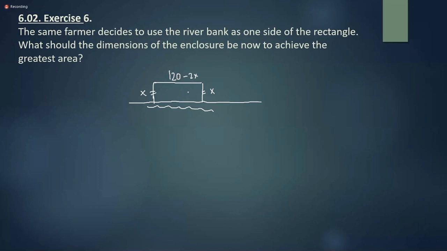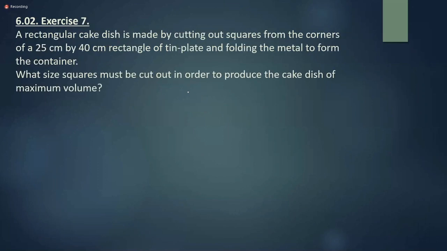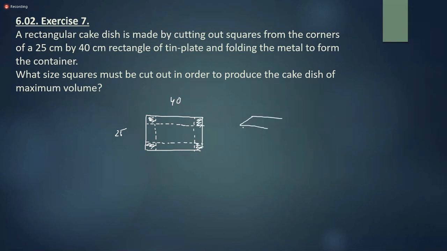Another situation, so I'm leaving this, and another situation, a rectangle, 25 centimeters, 40 centimeters, and perhaps when you were little kids at school, you made some boxes by cutting out squares in the corners and then folding up.